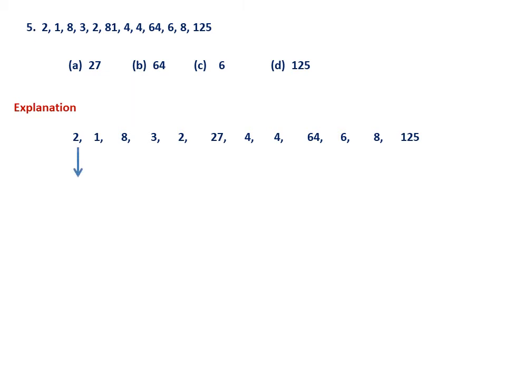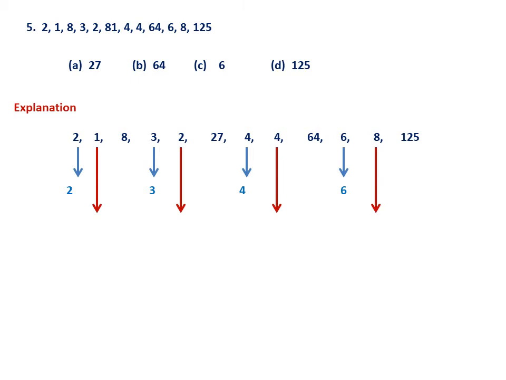Now if you look, the first one 2, next one is 3, next one is 4, next one is 6. In between there are 2 numbers I have left, but this forms 2, 3, 4, then 6. What is the relation? See, first one is 2, second one is 3, next one is 4, next one is 6.